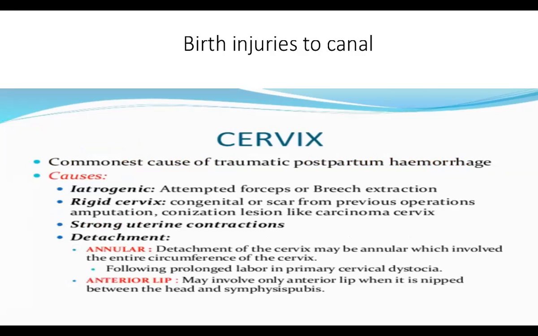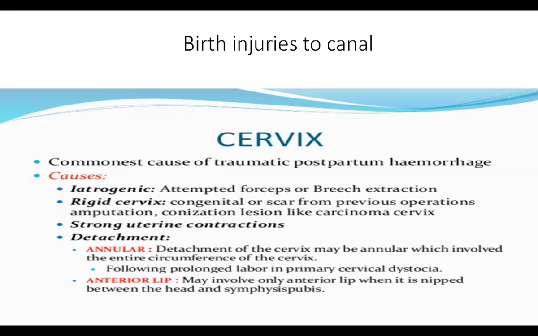Or sometimes the cervix is normal, but there is too much uterine contraction from above, which can also lead to the cervical problem. Iatrogenic causes include attempted forceps or breech extraction; if forceps delivery takes place, that can also lead to cervical trauma.